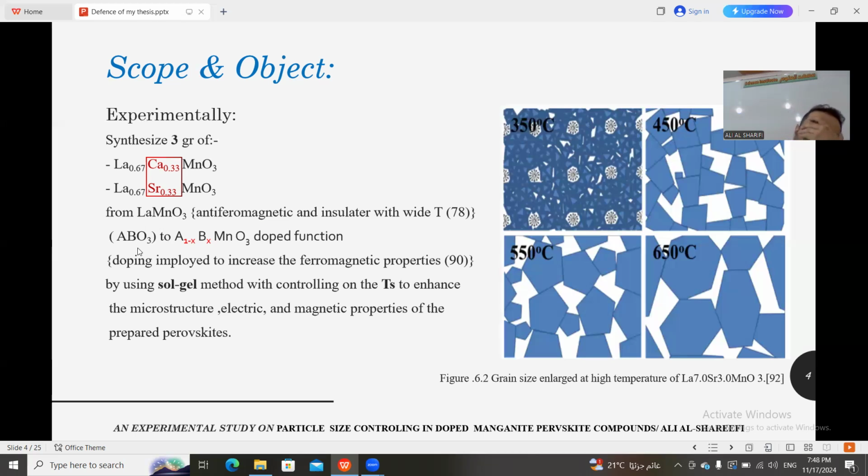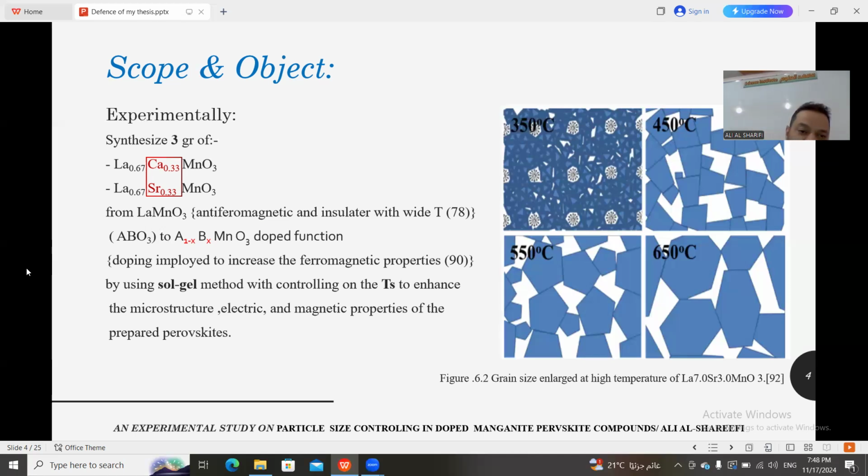We selected the transition element to be manganese because it's interesting and has a unique property: the double exchange, because manganese has more than 2 ionic numbers. I will illustrate all of this in the next slides.